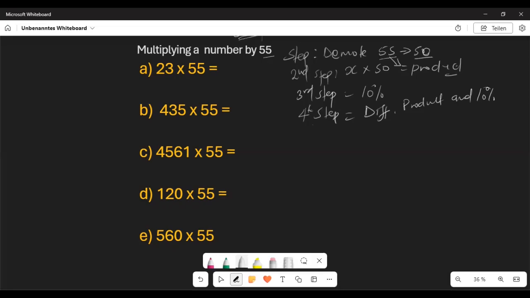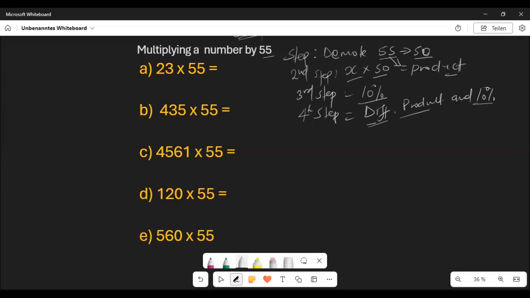Then we get a product. If we have X, we multiply it by 50, because there's a method you can use for that. Then we check what the 10% is. After finding 10%, the next thing is to find the difference between the product and the 10%, and that's going to give us the answer.